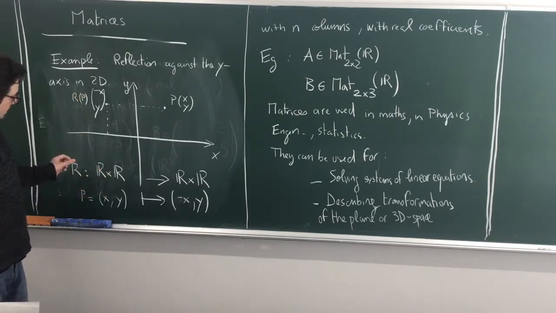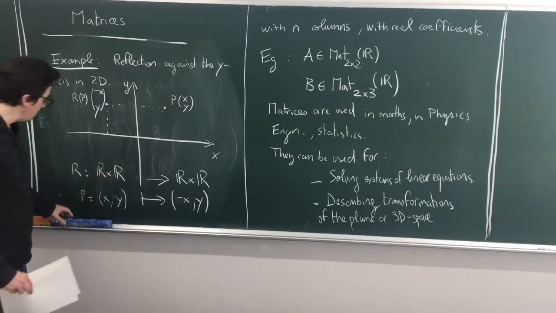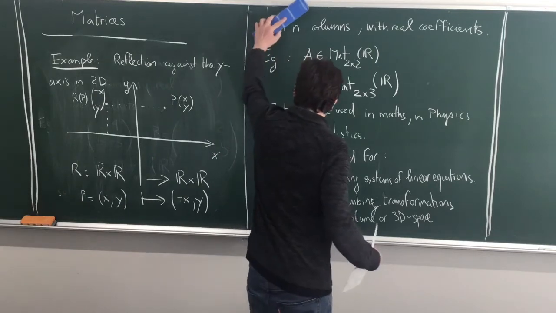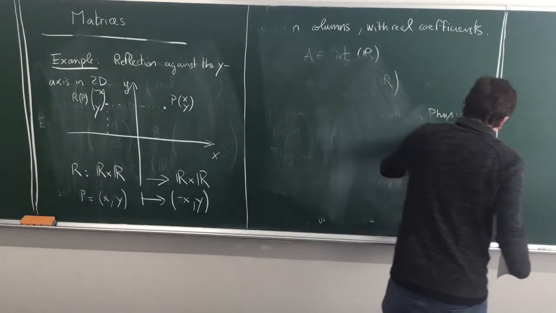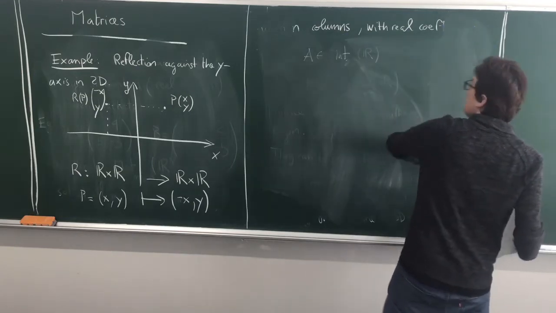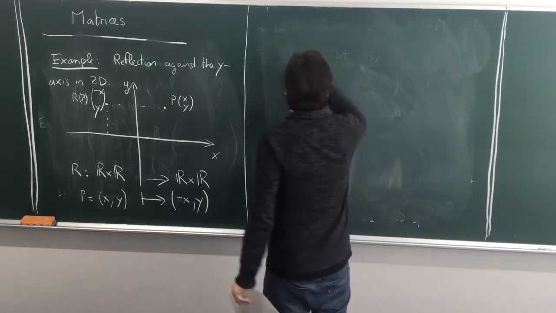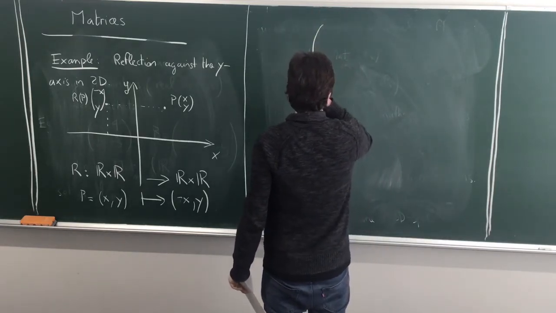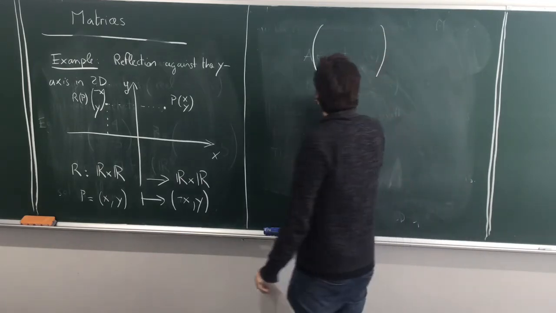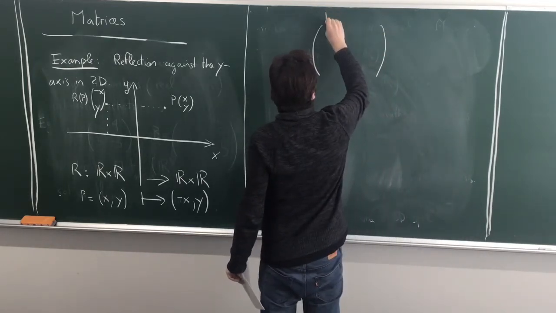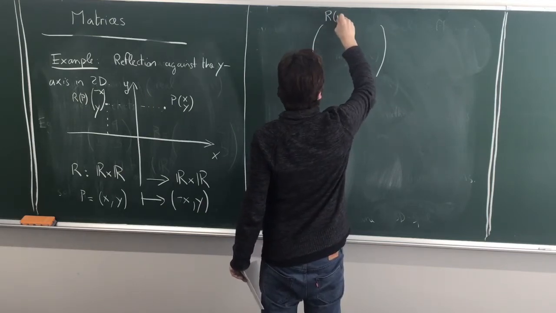Matrices can gather the whole data of this function in an easy way that I would like to describe. So how do you associate a matrix to this data? Well, it's very easy. You do the following. Here I'm going to take the coordinates of the vectors.